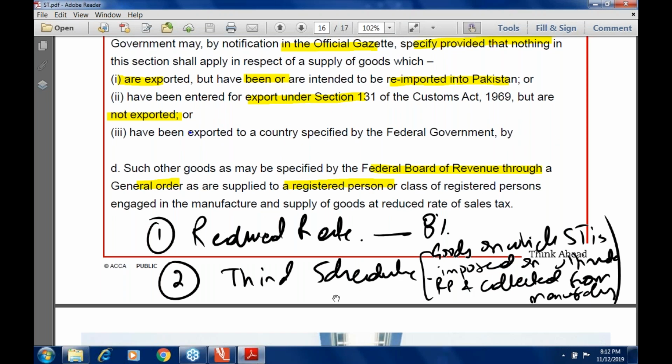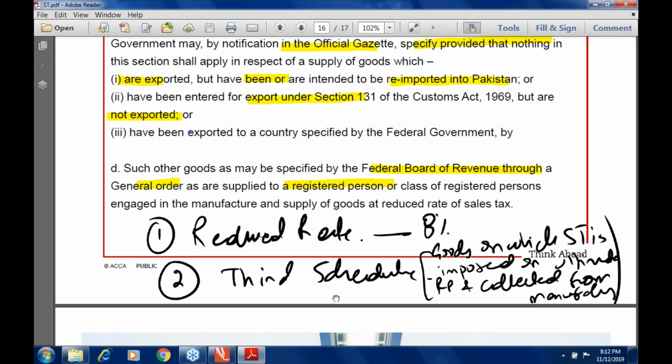I mentioned that third schedule items are those items on which the government has prescribed that the sales tax will be charged from the manufacturer on the ultimate retail price, irrespective of whatever price the manufacturer is going to sell these goods to the distributor or the wholesaler and so on and so forth. The manufacturer will be liable to pay sales tax on the ultimate selling price. So that is what we did discuss.